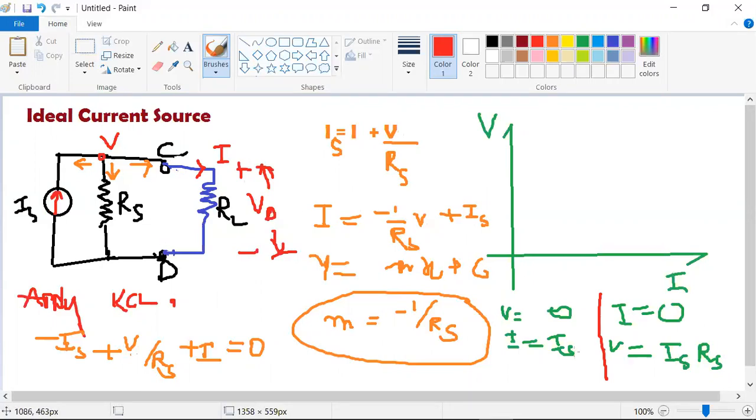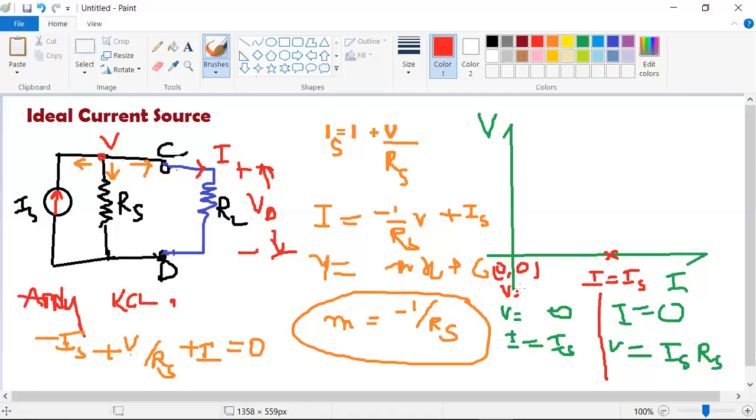So let me indicate these points on the x and y axes. In case one, when my voltage is zero, I equals IS. Then when the current is zero, that point is on the V axis, with V and I.